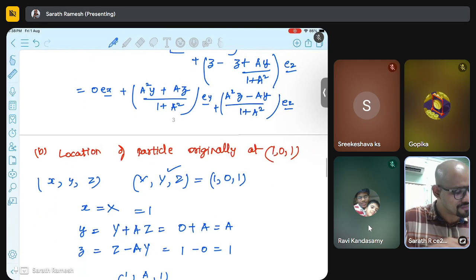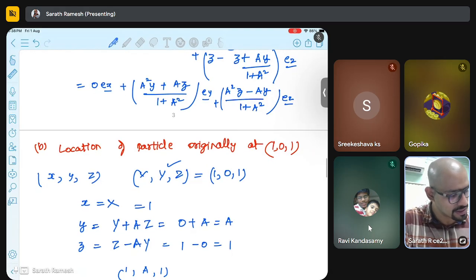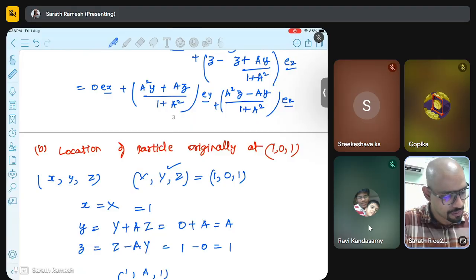Now they have given y and z as 0.5 and 0.4.